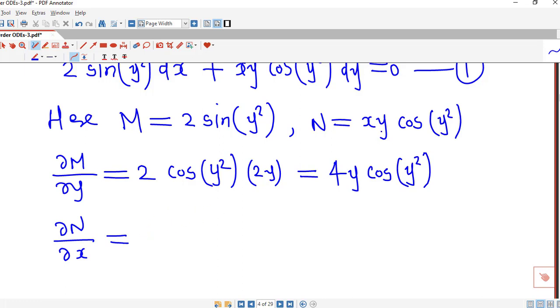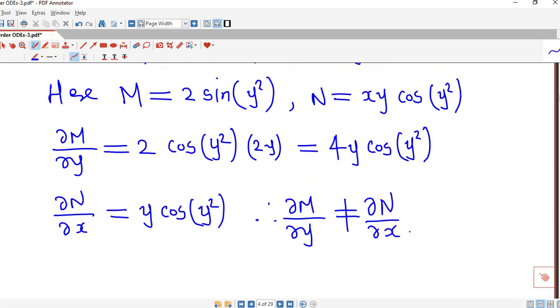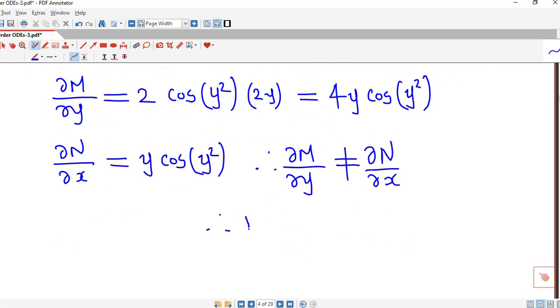In del n by del x, y is constant, so we have y cos y square constant, derivative of x is 1. We can see del m by del y and del n by del x are different, not equal. Therefore equation 1, the given equation, is not exact.